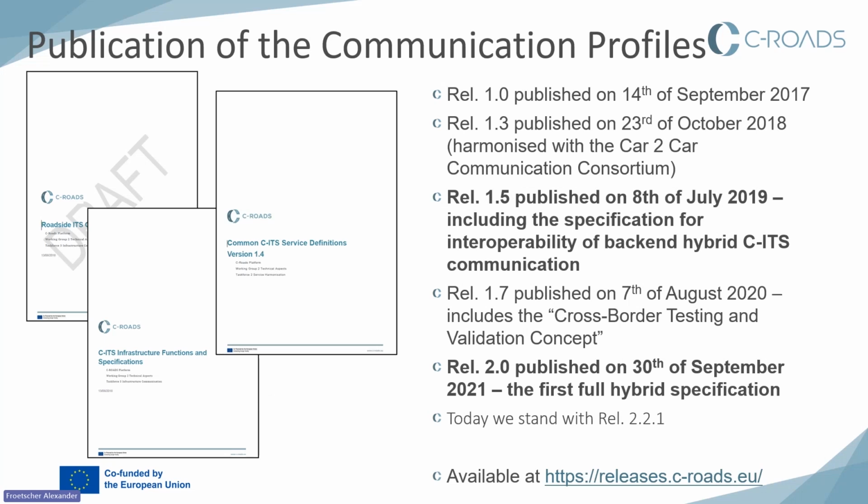Where are our releases available? There you see a link at the bottom end of this slide. I think it is important to mention here that from release 2.0 on, we have full hybrid specifications. So we have a set of messages and use cases that are available at the short range level and are also available at the so-called IP-based interface.